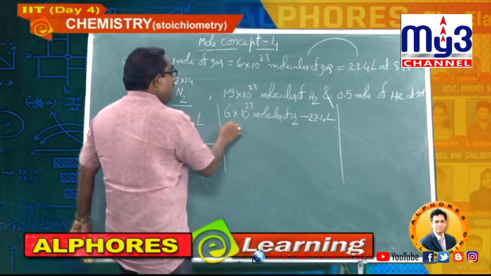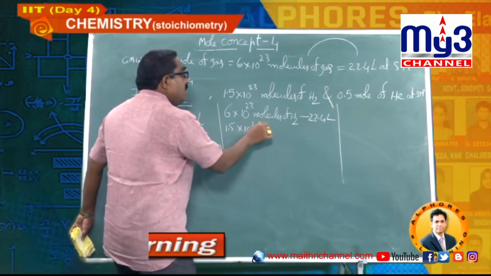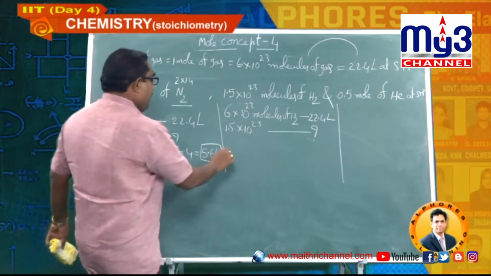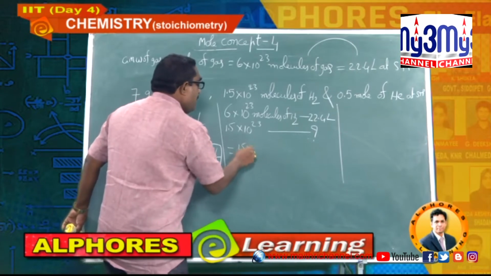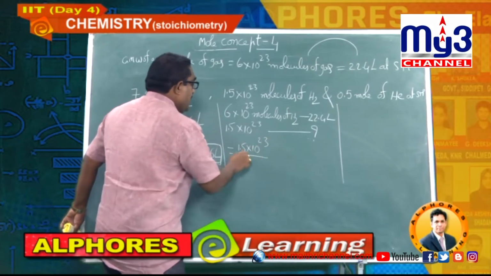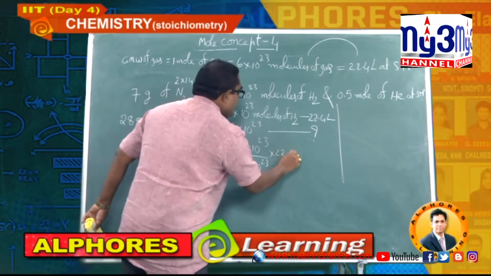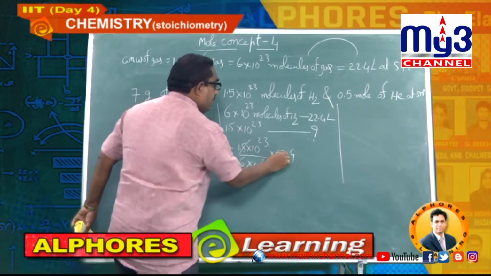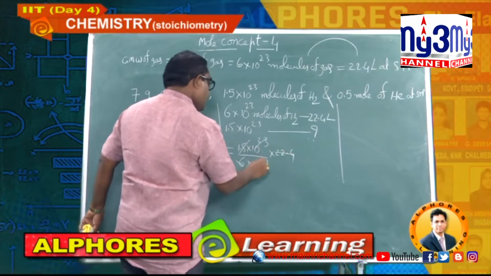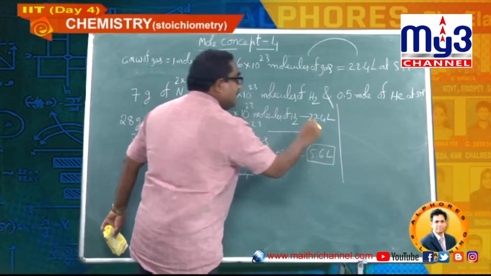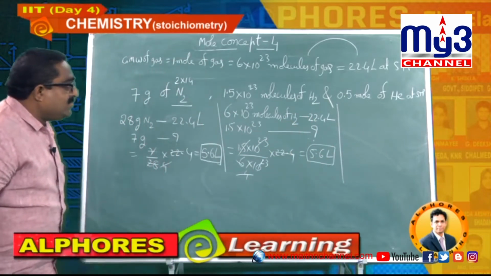Now this time I have given only 1.5 into 10 power 23 molecules. Then how much is the volume? Same way, 1.5 into 10 power 23 divided by 6 into 10 power 23 into 22.4, again 1/4 times, that is again 5.6 liters. Yes, second part is over.